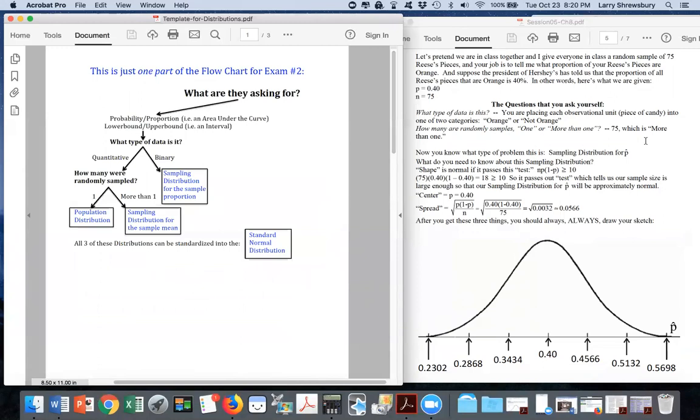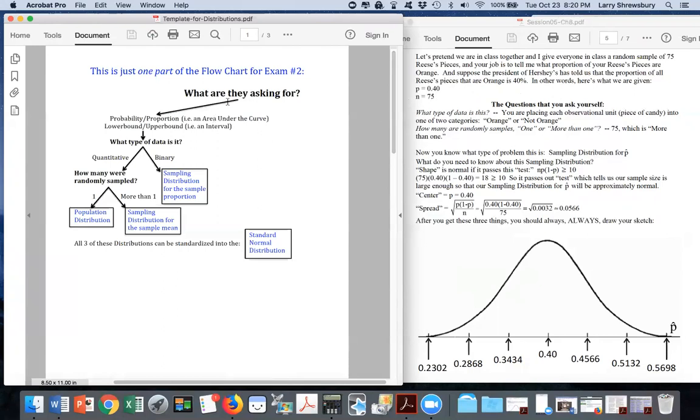You got 75 pieces of this candy, a random sample of them. But let's suppose we know everything we really need to know about this population of binary data. We already know what proportion of all Reese's Pieces are orange, 40%, and our sample size is 75.